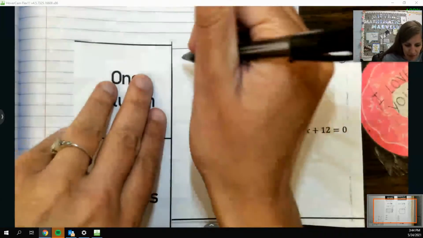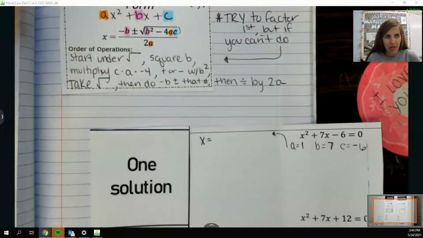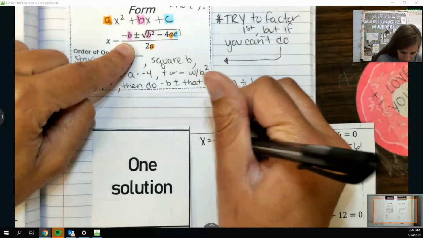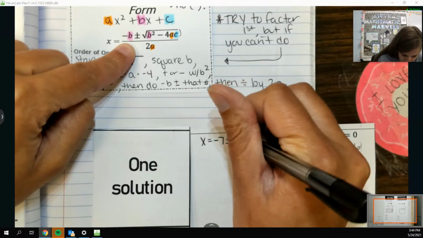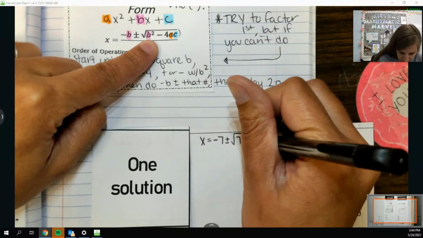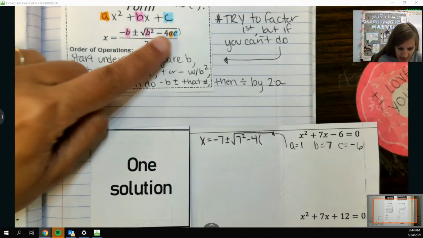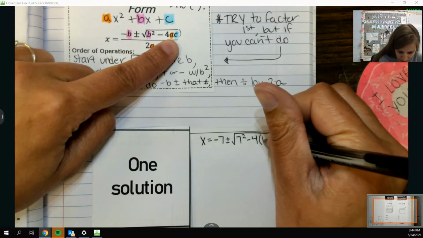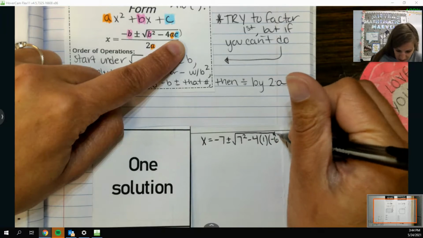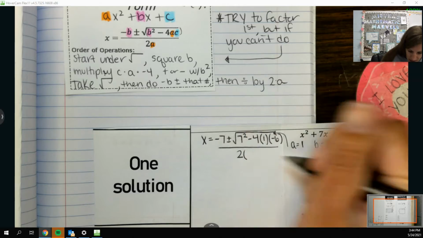So my equation is x equals -b, so -7, plus or minus the square root of b squared, so 7 squared, minus 4 times the a value, which is 1, times the c value, which is -6, all over 2 times a, which was 1.